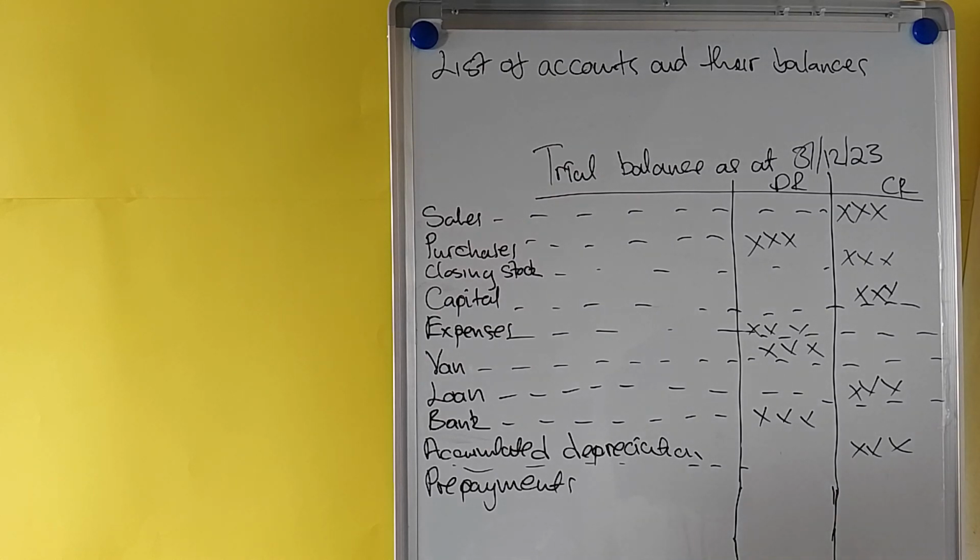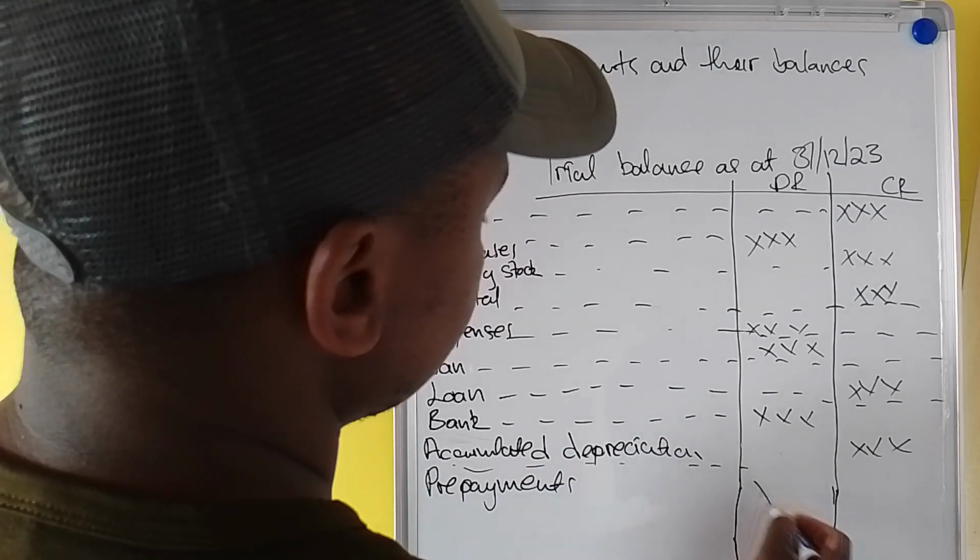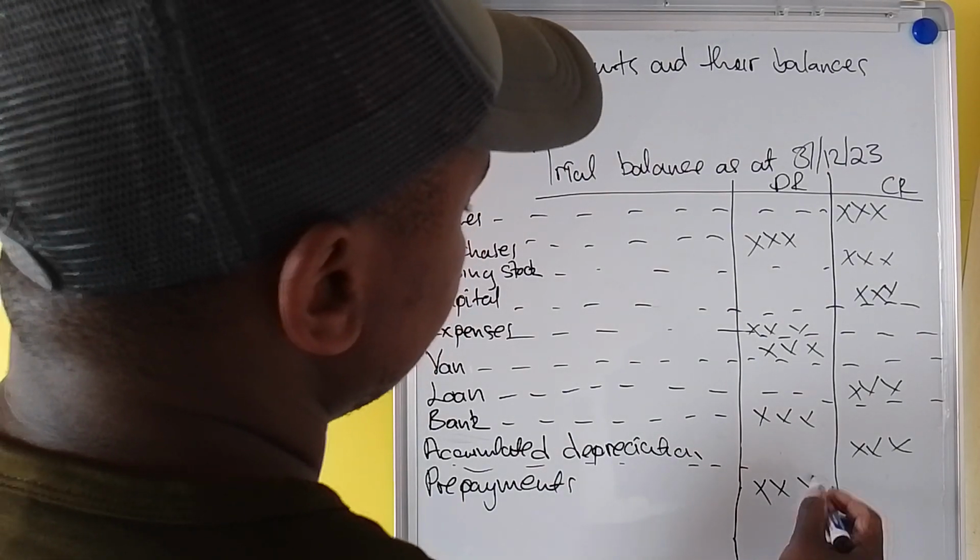Now we look at prepayments. Prepayments are the monies that we pay in advance. For example, we make an advance rental payment, or an advance payment on rates. It's an asset to the business. So prepayments are assets and they have a debit balance.